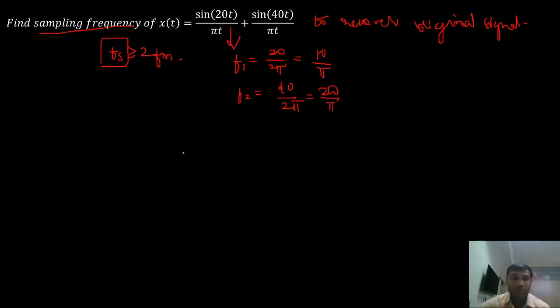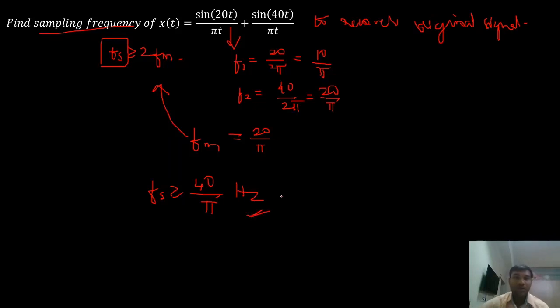Which of these is bigger? 20 by pi is bigger, right? 20 by pi is greater than 10 by pi. The maximum is 20 by pi. This is the maximum frequency component. So substitute this here: Fs is greater than or equal to 40 by pi Hertz. So this is the condition for sampling frequency to recover the original signal completely.